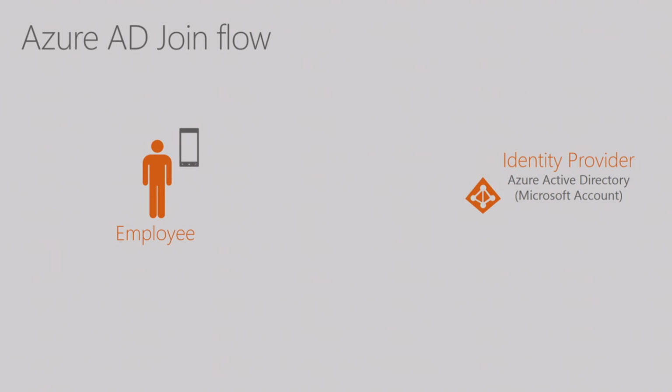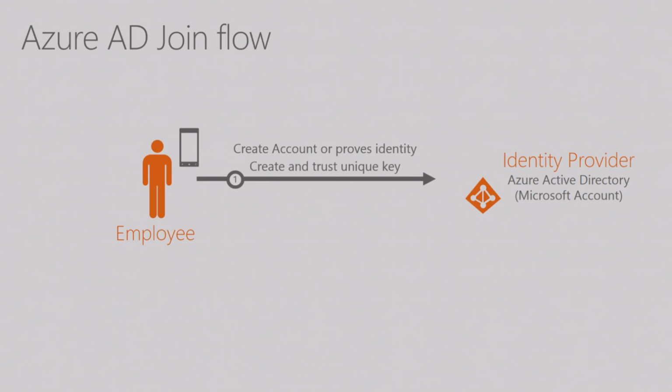But how does this work when a user actually registers a device? So a user has a device. It's an employee, right? He creates an account on the device by registering the device, and I'll walk through it in a minute. At that point in time, the keys will be generated. The public key will be shared with Azure AD.